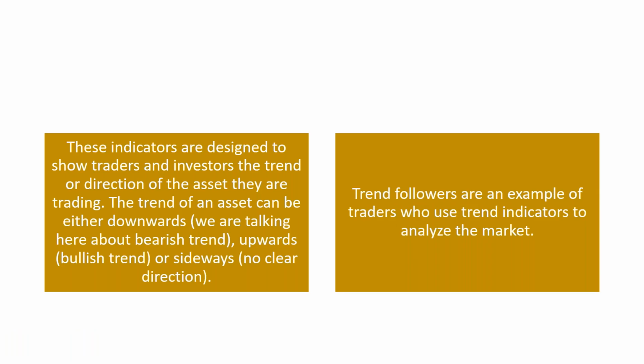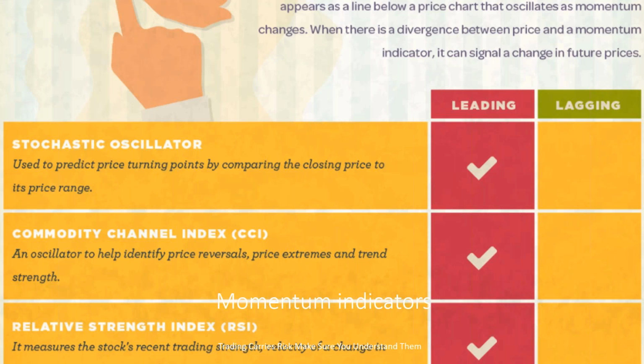These indicators are designed to show traders and investors the trend or direction of the asset they are trading. The trend of an asset can be downward, upward, or sideways. Trend followers are an example of traders who use trend indicators to analyze the markets.